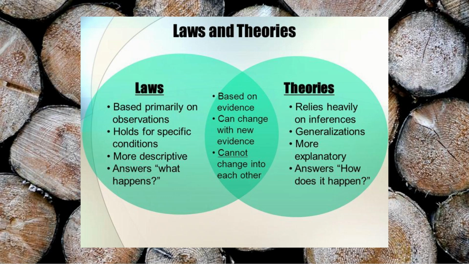They tend to want to explain how things happened. Laws are basically based on experimental evidence, and they hold for very specific conditions. So they're more descriptions. They're more like what happened, whereas theory is trying to ask how does it happen or why does it happen, okay? So those are the differences between those two.